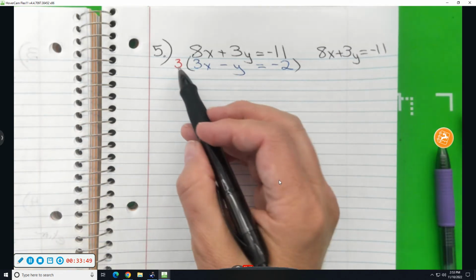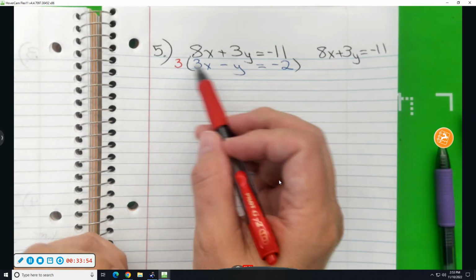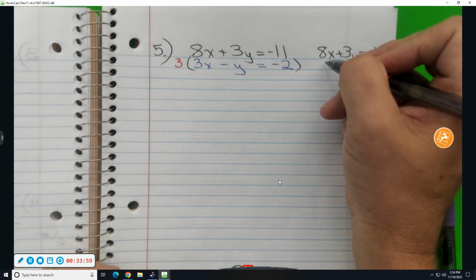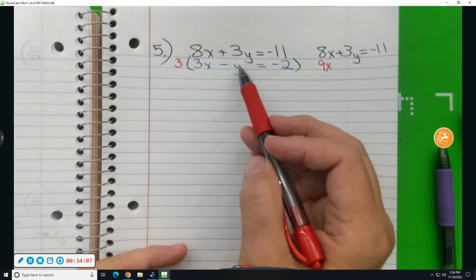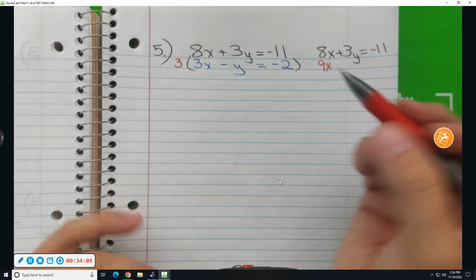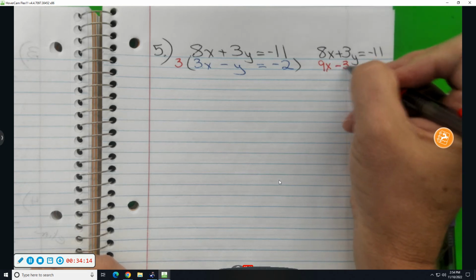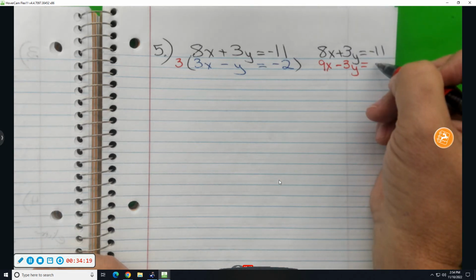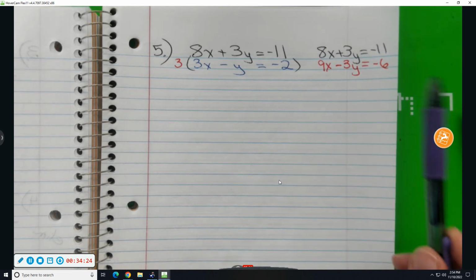But multiplying by 3 on the second one, we're distributing here. 3 times 3x, 9x, I agree. 3 times negative 1y, 3 times negative 1 is negative 3y. And 3 times negative 2, negative 6.